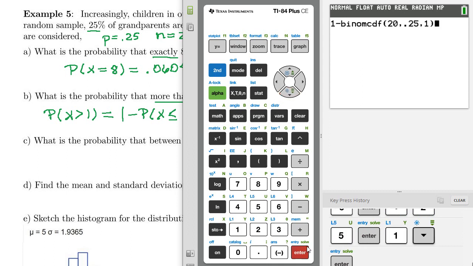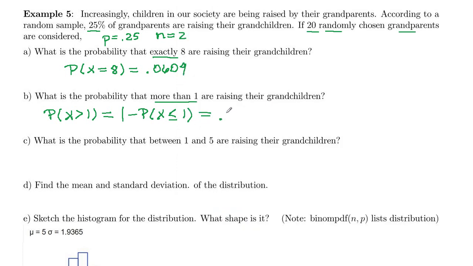We will paste that and then calculate. Notice that I did 1 minus that binomial CDF. 0.9757. So almost a 98% chance that more than 1 set of grandparents out of that sample would be raising their grandchildren.